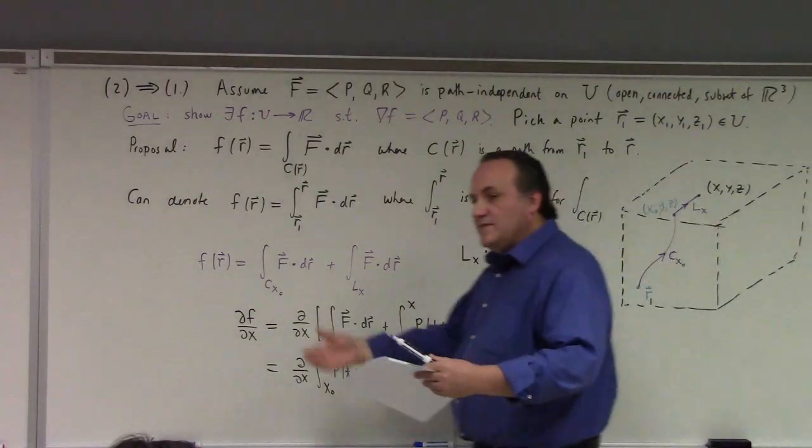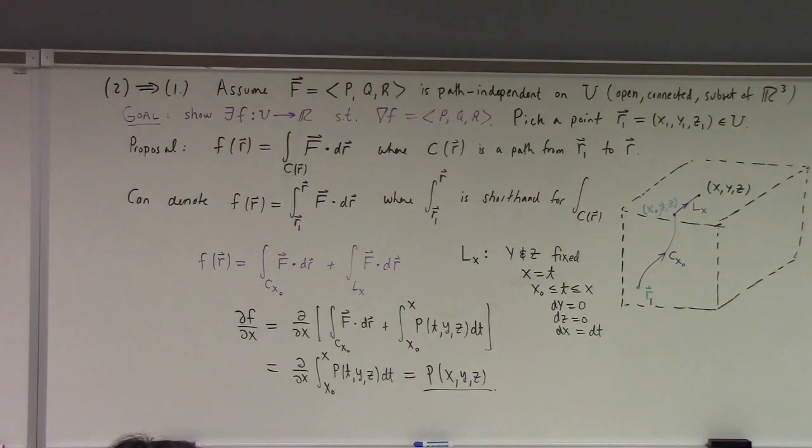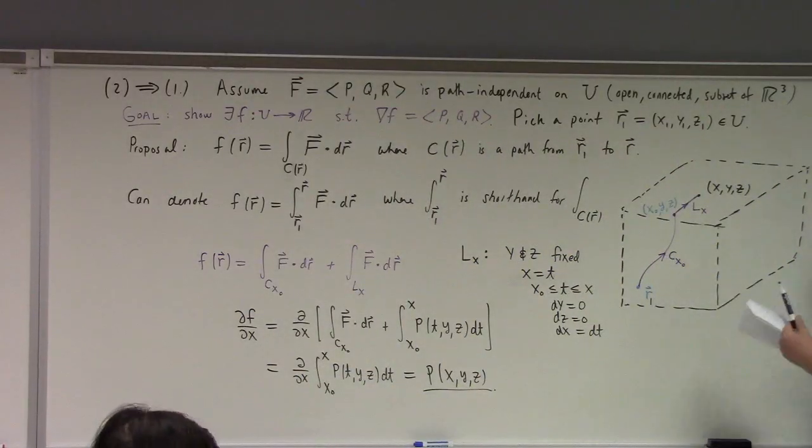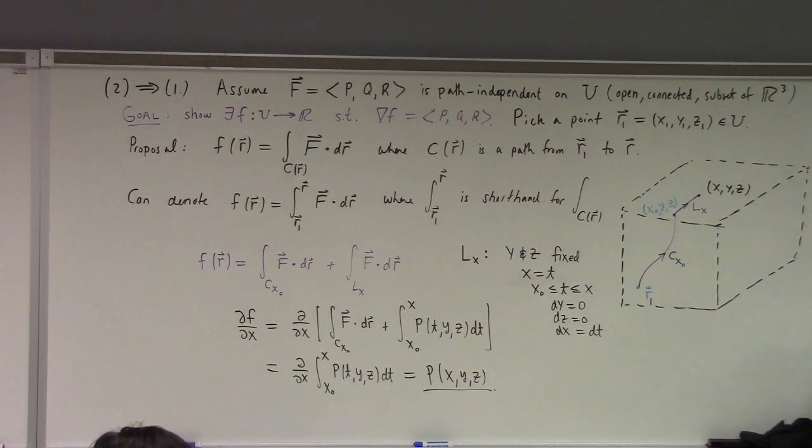And if you can do this for a horizontal line segment in the x direction, what can you also do? You can repeat this argument for, right, exactly. So we can also start at R1, and we can go up to that point x, y naught, z, and I can do this kind of deal, an L sub y, over to the point x, y, z.